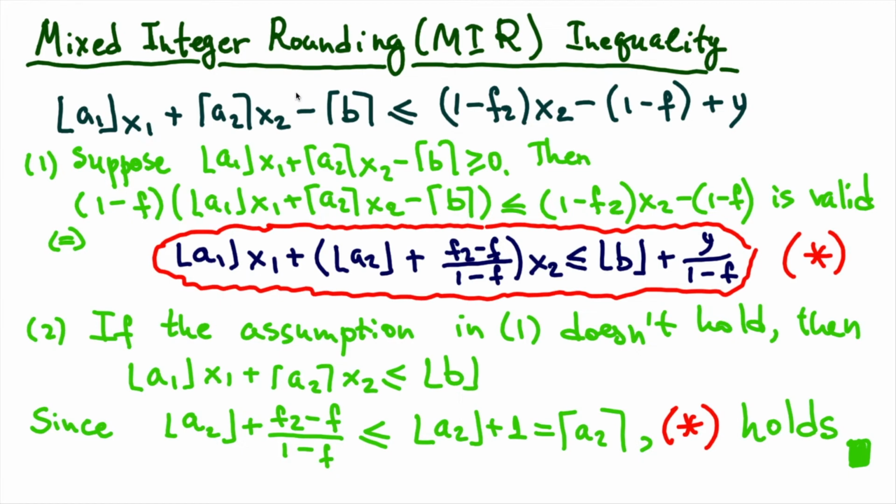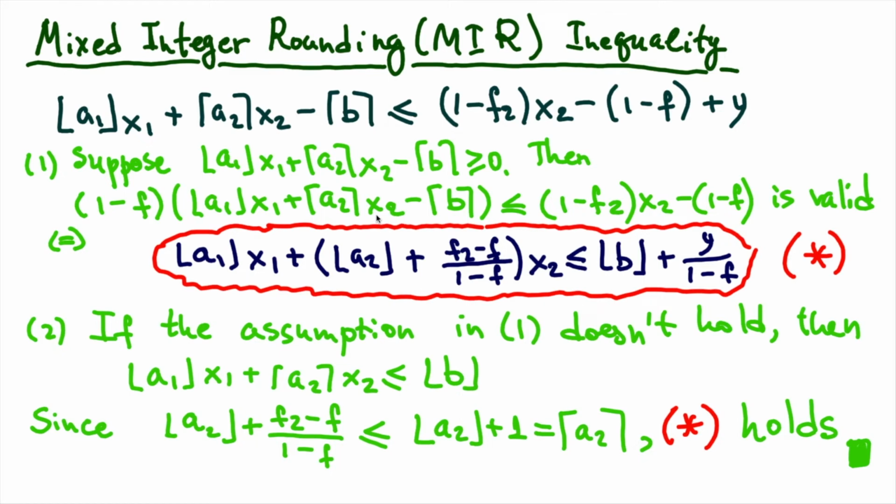Because the left-hand side only decreases and the inequality will still hold. Now rearranging the terms, moving the x2 part to the left, we will obtain finally the mixed integer rounding inequality, which is what we want to establish.